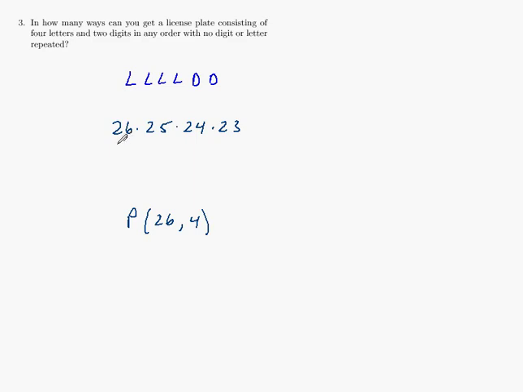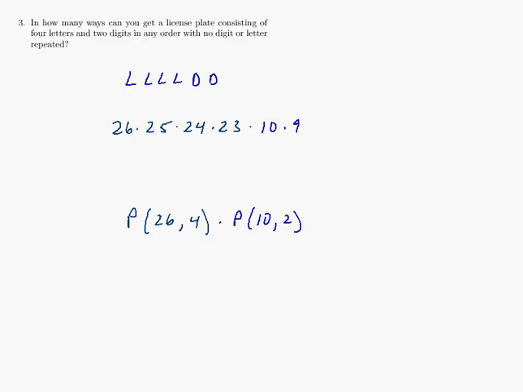We want these in a specific order. We don't want repeats. Our digits are 10 times 9, or permutation 10 choose 2. And this gives us an example of a license plate that meets that requirement.